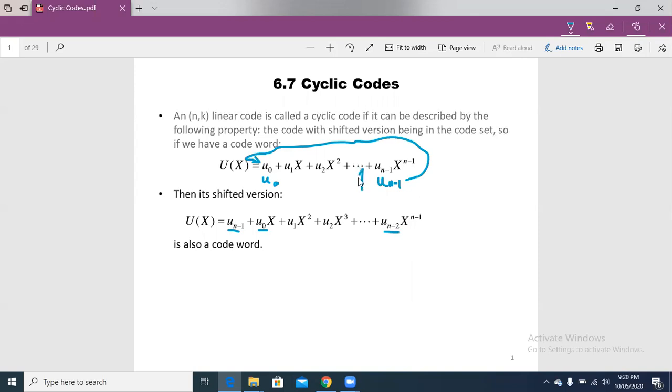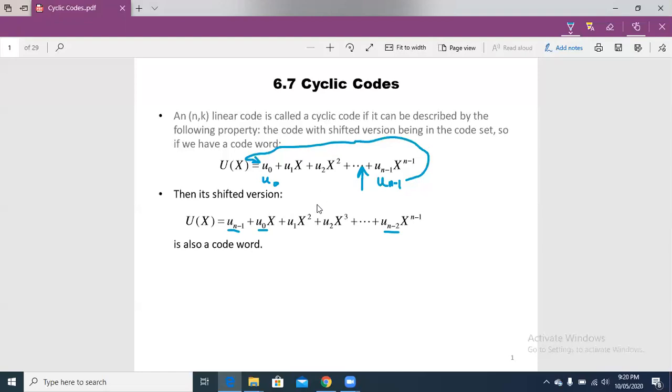In that way, we can generate n minus 1 code words, and at the nth shift we have the same code word we started with. So that's why we call it the cyclic code.